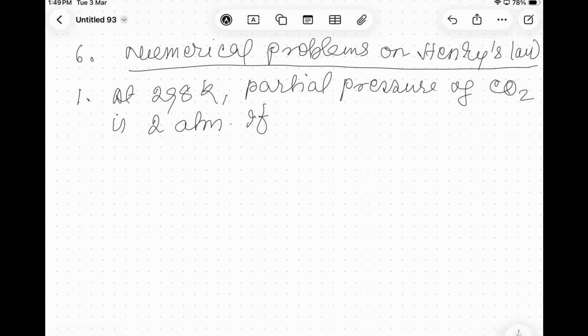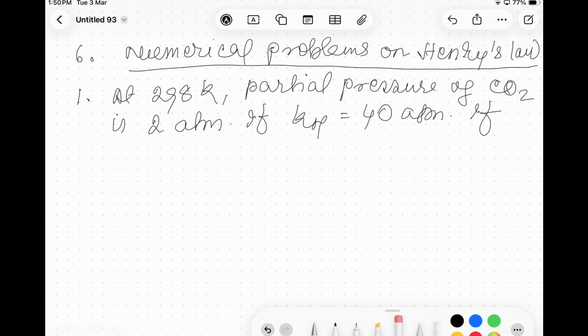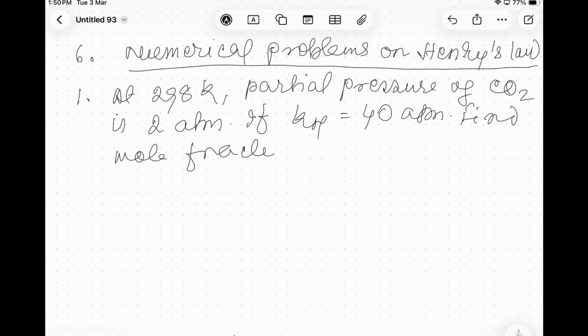If kH for CO2 gas is 40 atm, find mole fraction or solubility of CO2.